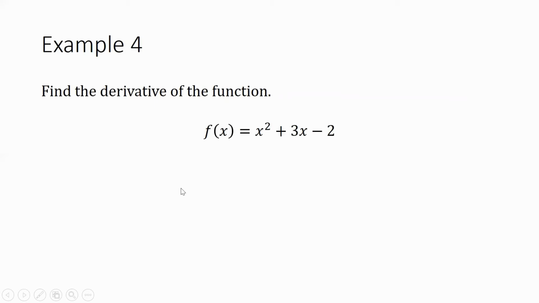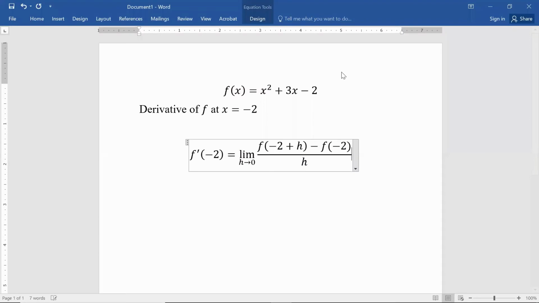So let's take the function that I'm used to seeing, x squared plus 3x minus 2, and let's find the derivative of that function. I'm going to go back and recall what we did to find the derivative of f at x equals -2. We plugged a -2 into our difference quotient.